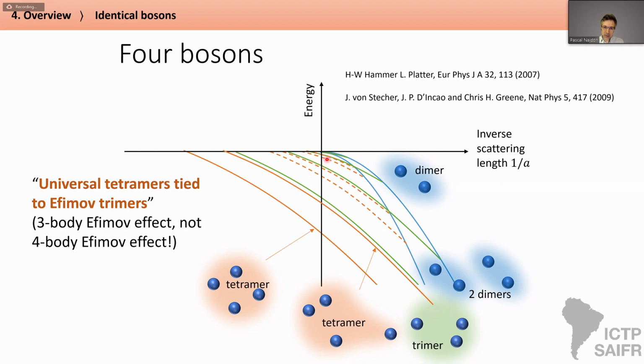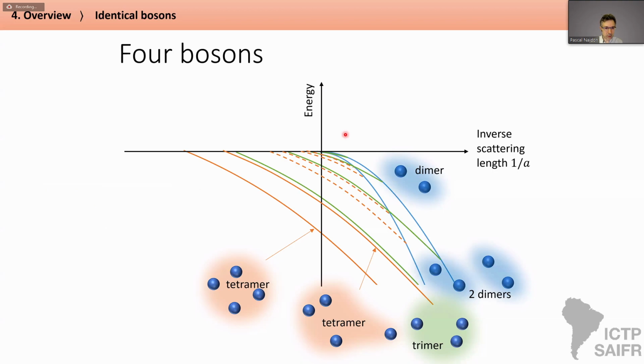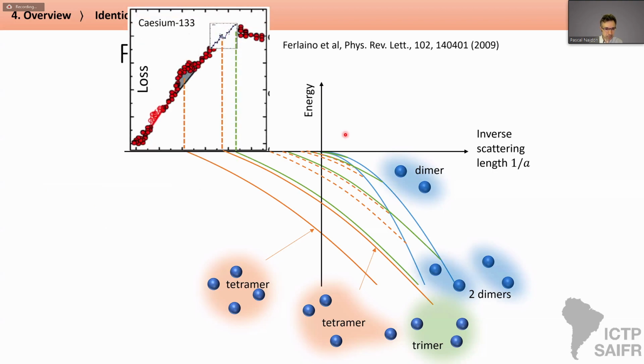So concerning these ground states, the tetramers associated to the ground state trimer, they could actually be seen experimentally, again, in these cesium experiments.